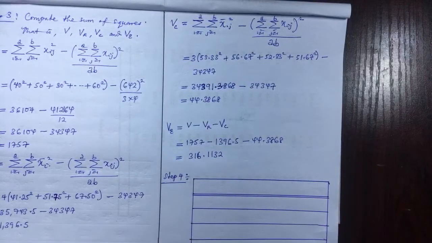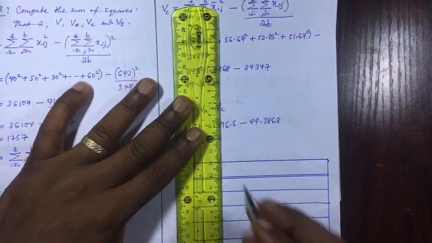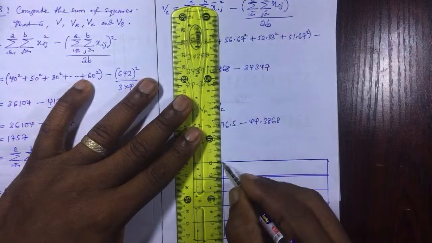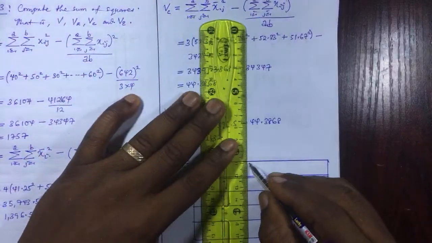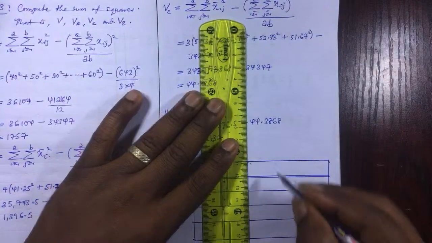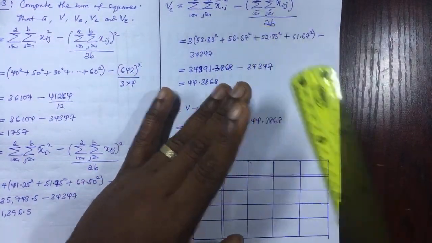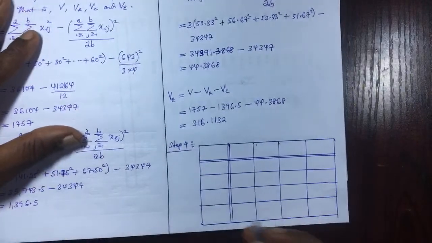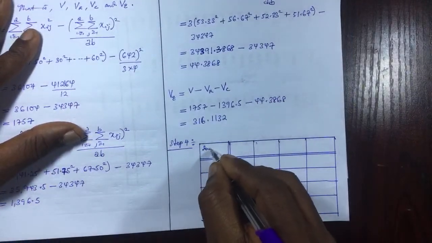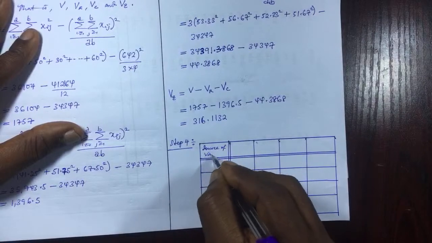Okay, so for columns, you will still have the same number of columns. So I'm going to have column 1 for source of variation, column 2 will be for degrees of freedom, column 3 for sum of squares, column 4 for mean squares, and column 5 for my F computed. So I'm going to put here source of variation.